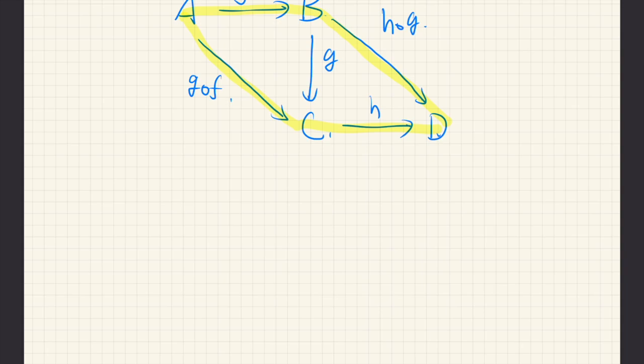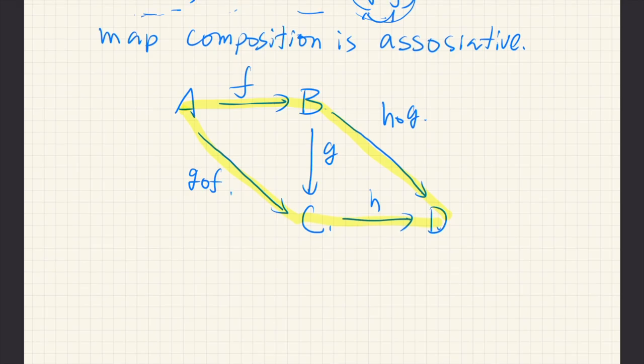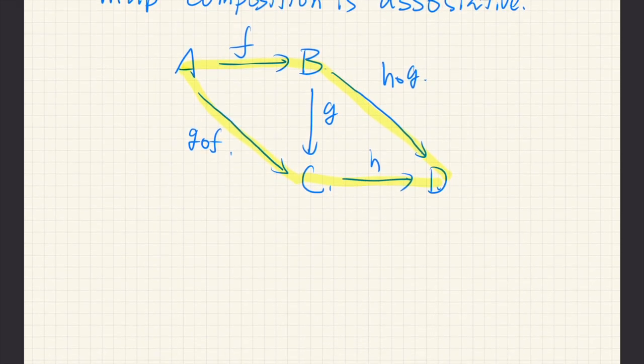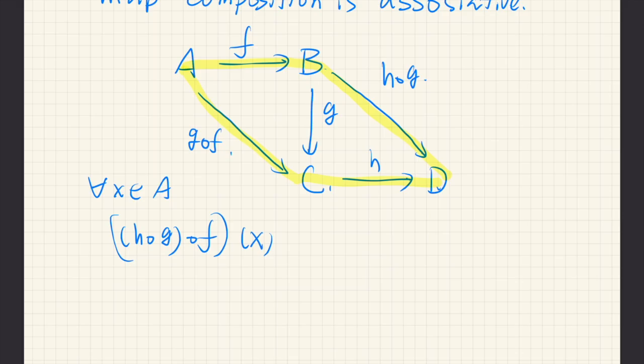Okay, so let's prove this. The proof is actually quite straightforward. Just apply the definition. Okay, so first take this one. So h after g after f. So apply that to any x in A. First apply the definition of composition. So this is one map and this is one map.